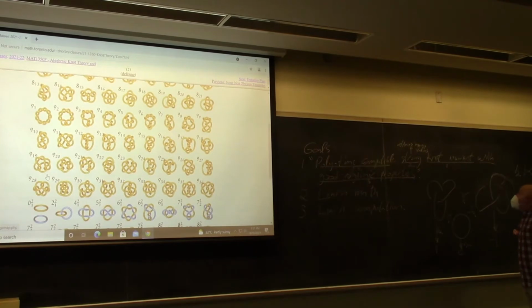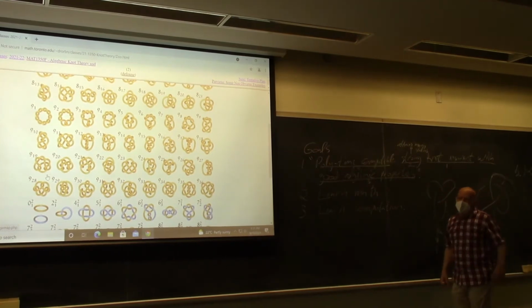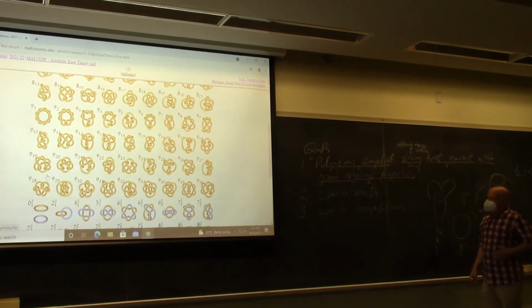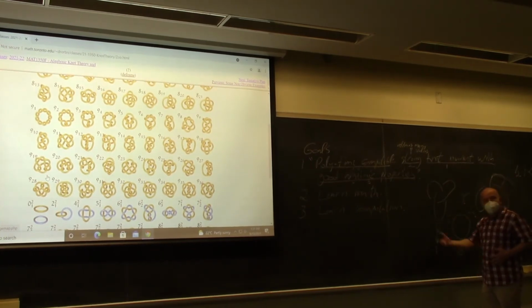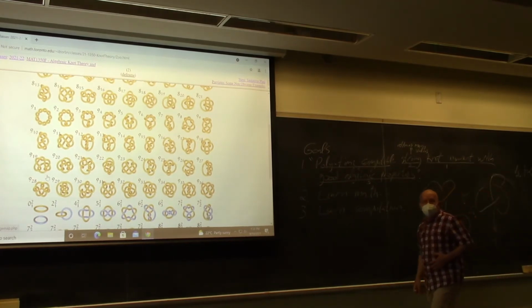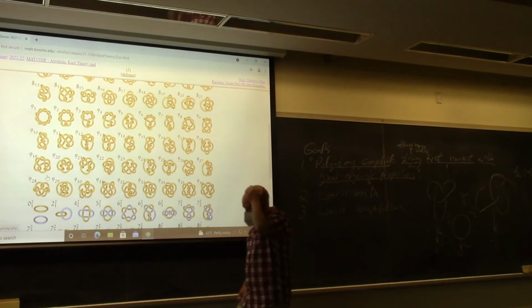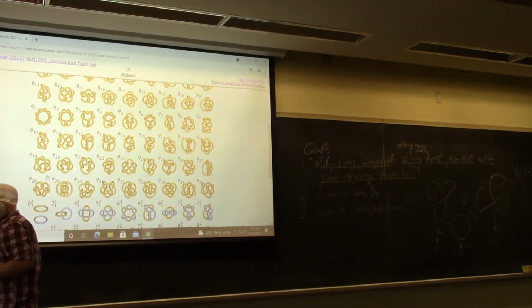Yes, I think it's kind of obvious why we want strong invariants. So I'll move on. What do I mean by good algebraic properties? That's a tough one to explain.